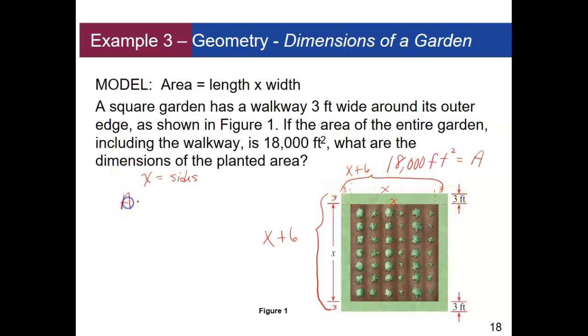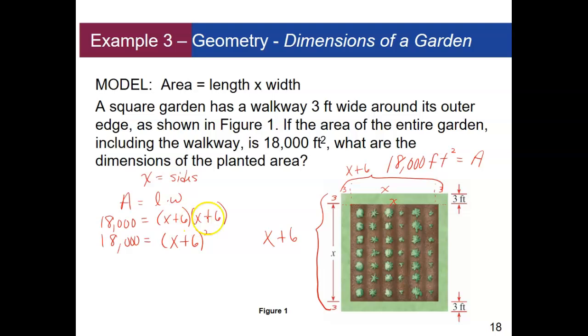So using the model, area equals length times width. My area was 18,000 square feet. My length was X plus 6, and my width was also X plus 6. So in solving this, I could go ahead and multiply this out and bring the 18,000 over and use the quadratic formula. But what I'm going to actually do here is a little bit simpler.